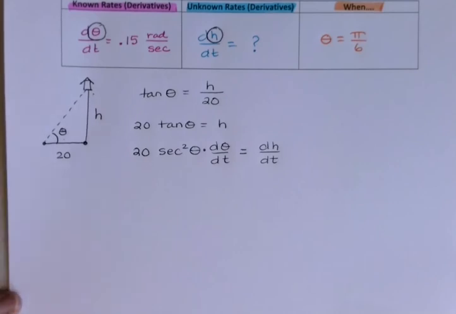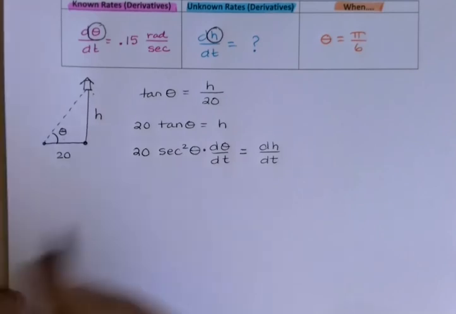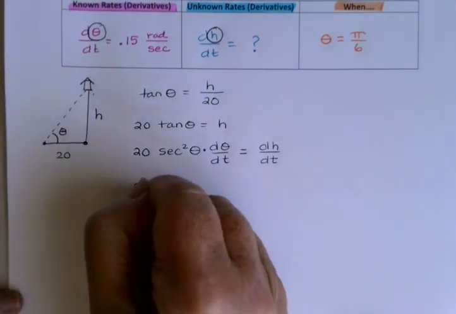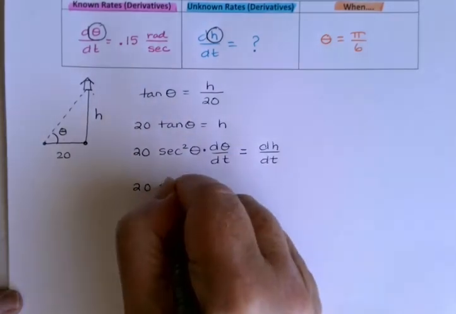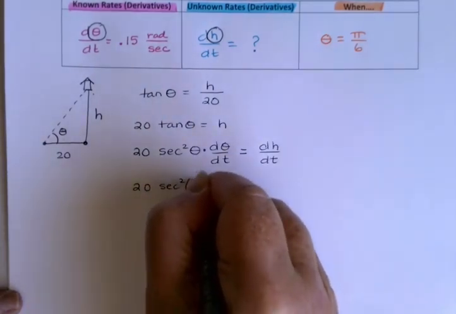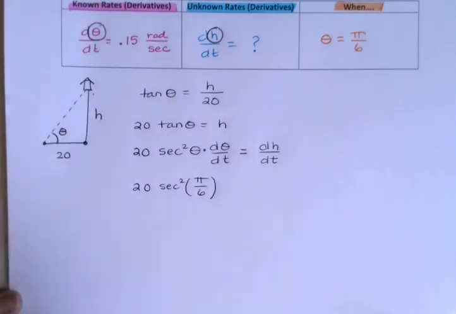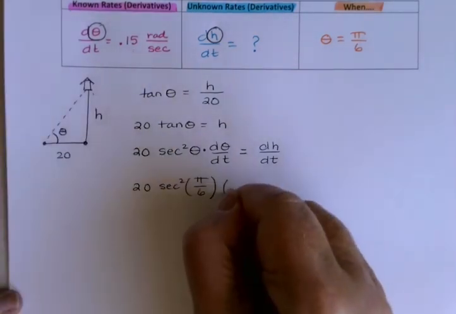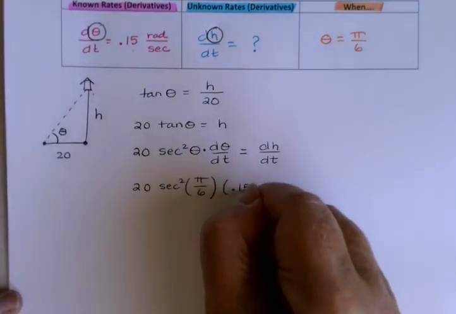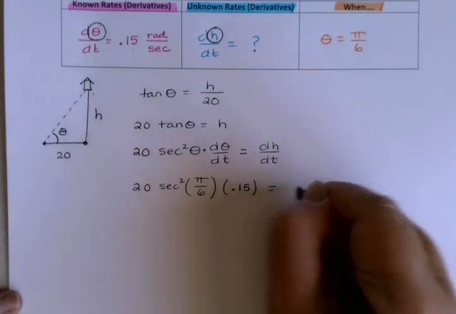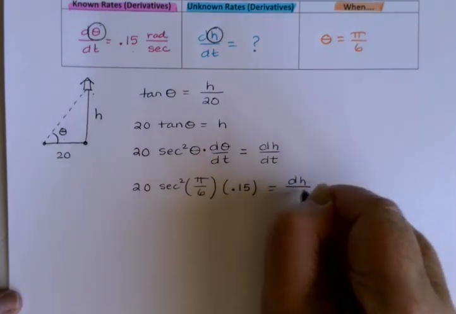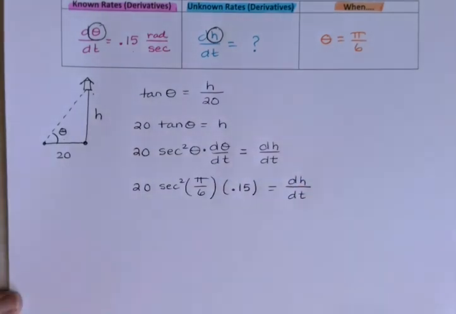And it looks like this one's going to come real easy. We've got everything we need, right? We know the angle is pi sixths. We know d theta dt is 0.15. And if we put all that together, that will give us dh dt.